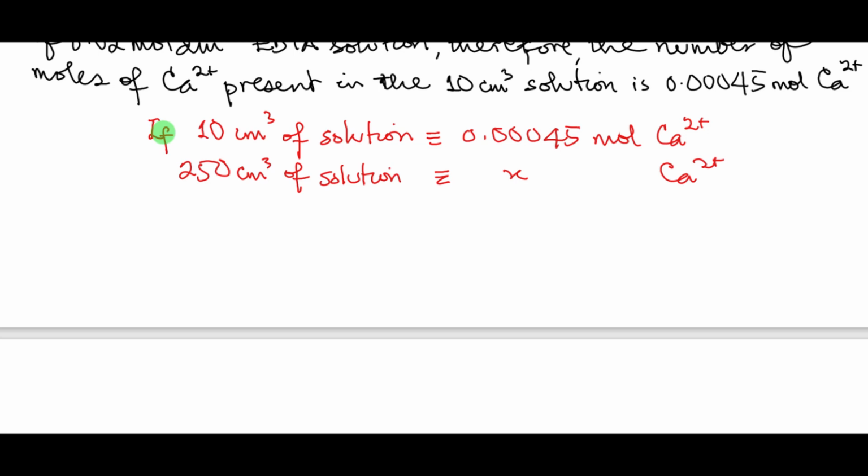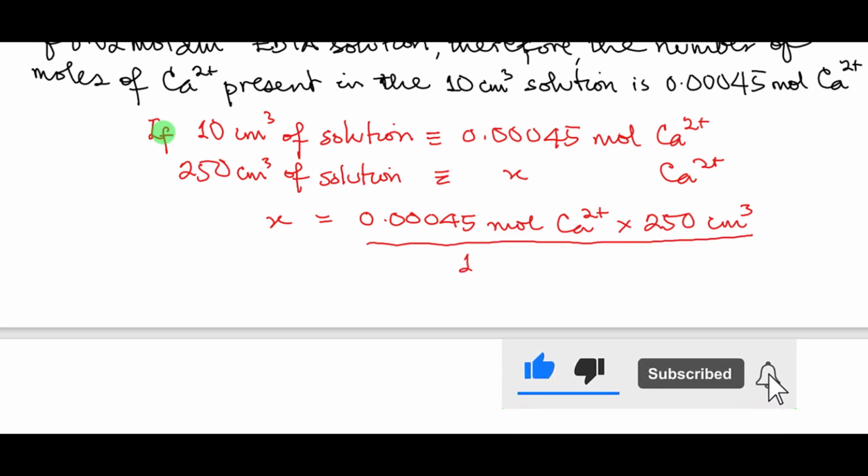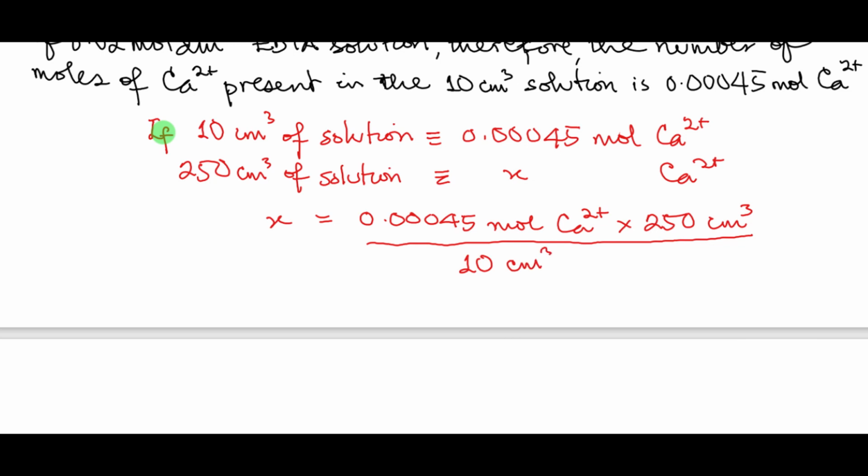If we calculate our X here, it will be 0.00045 mole of calcium ion times 250 cm cube divided by 10 cm cube.